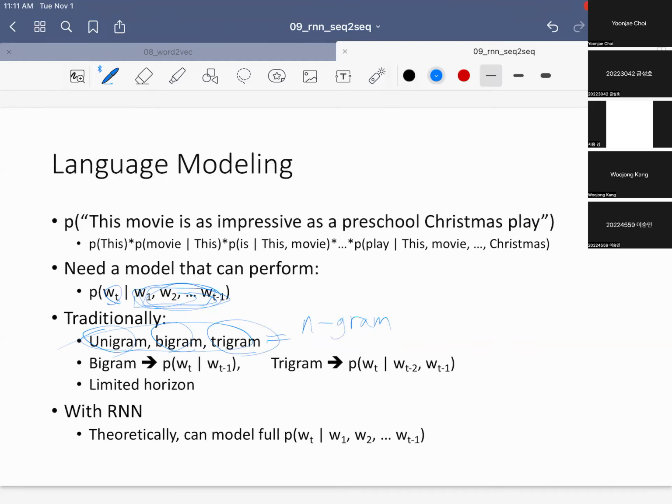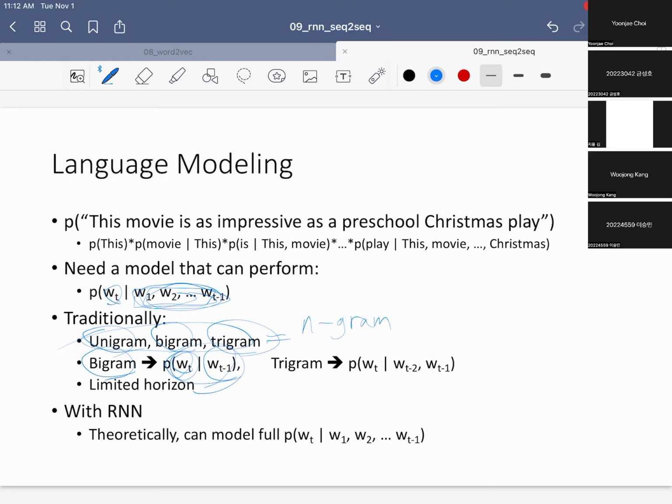If you do it with the bigram approach, you only look at one previous word, and you just assume that looking at only the previous word is enough. It's kind of like a Markov assumption: in order to quantify the probability of your current word, you only need to look at your previous word. Even though that's probably not true.